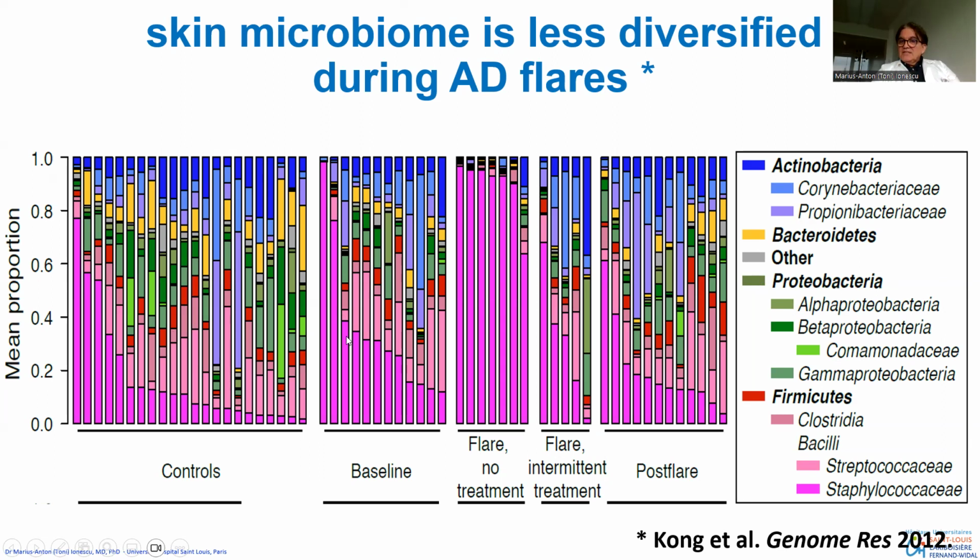In atopic dermatitis individuals, outside flares, you can see that the microbiome is diversified. Here, during the flare, the diversity decreases. You treat this patient, the diversity will increase. This was the principle of our approach in the study that I will present to you immediately.